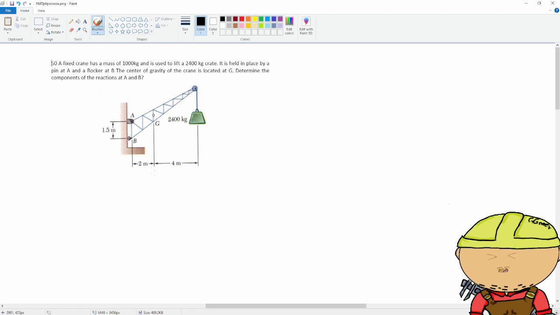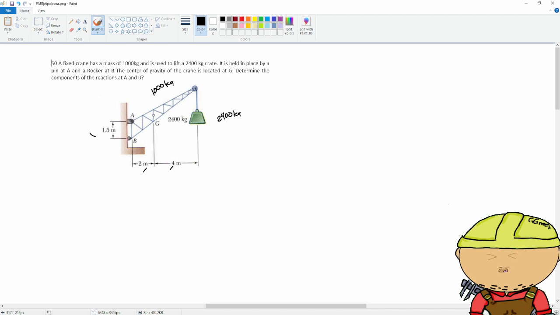Okay, so the first one is statics, and we have a distance here. We have the distance of each part of the system. Problem 51: A fixed crane has a mass of 1,000 kilograms and is used to lift a 2,400 kilogram crate.